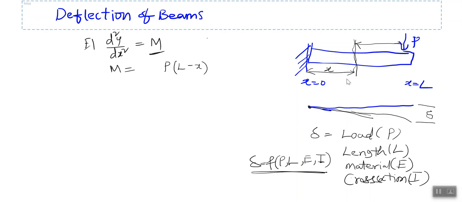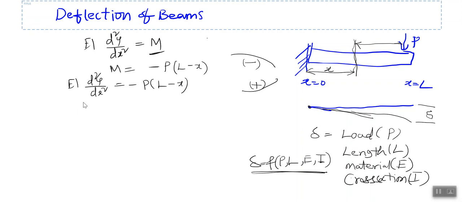And since this is a hogging bending moment, hogging bending moment is like this, which is considered to be negative, and sagging bending moment is positive. So presently we have the negative bending moment here, so I'm including a negative sign here. Our equation will become EI d²y/dx² = minus P into (L minus x).